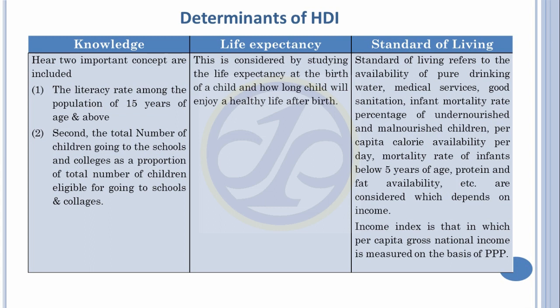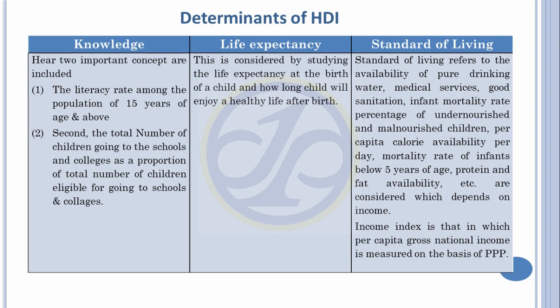Life expectancy shows how long a child, from birth, will enjoy a healthy life. And standard of living means people getting proper facilities of pure drinking water, medical care, good sanitation, reduction in infant mortality ratio, and an increase in the superior quality of their life.